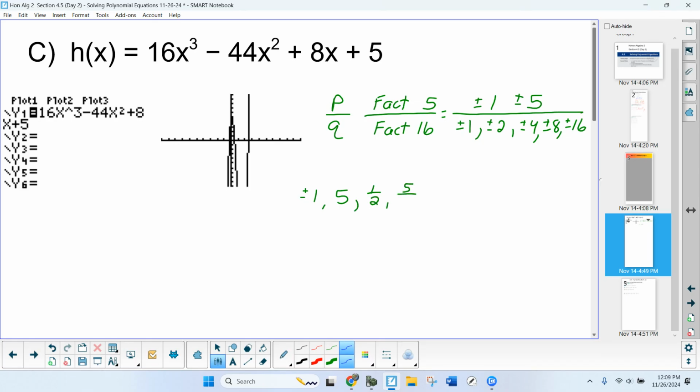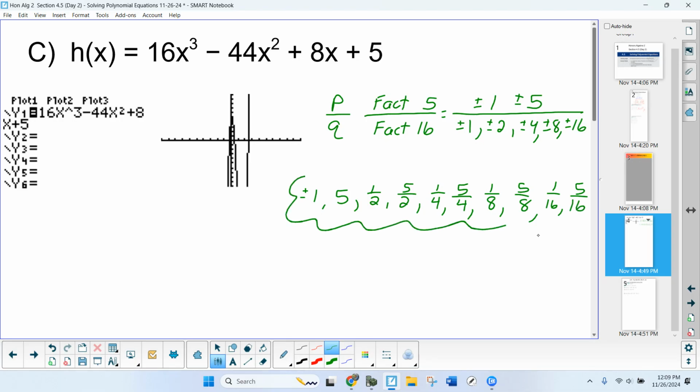Now I put them all over 4, so I'd have 1/4 and 5/4. Then I put them all over 8, so I'd have 1/8 and 5/8. And then I'm going to put them all over 16, so I have 1/16 and 5/16. This is my list of possible rational zeros.